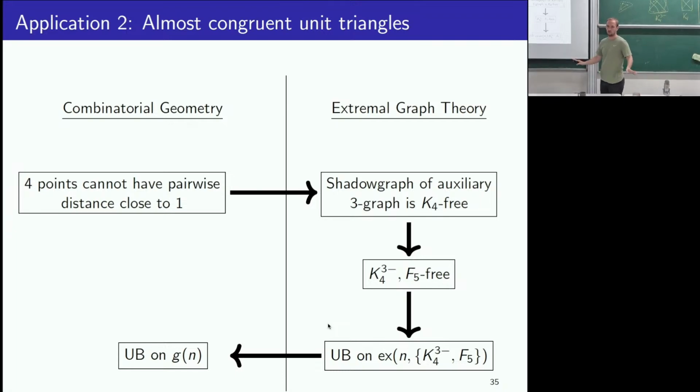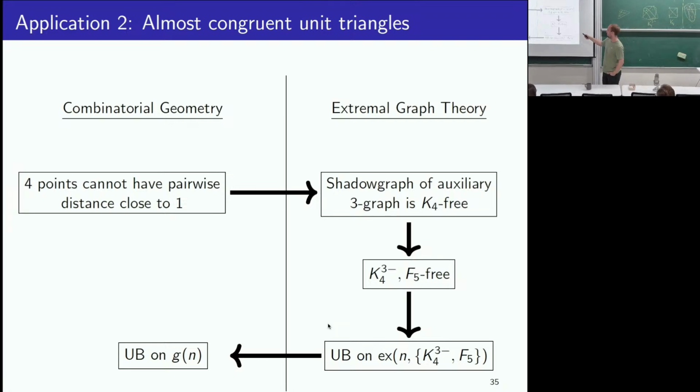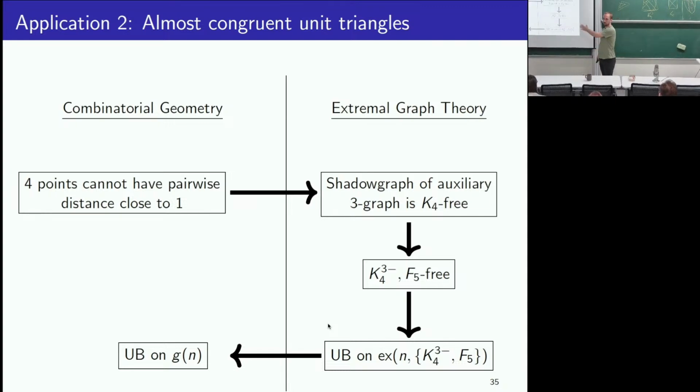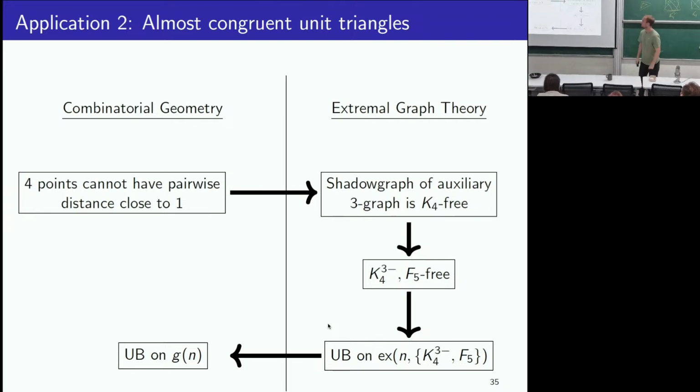That was the only geometry we used. We translated it into the extremal graph theory world, realizing that the shadow graph cannot contain a K4 as a result of this, and therefore the auxiliary 3-graph is this family, and we invoked Balogh's result on the extremal function of this, and we translated this information back. So all is even better, not just all the work is here, no, we even outsourced the work.